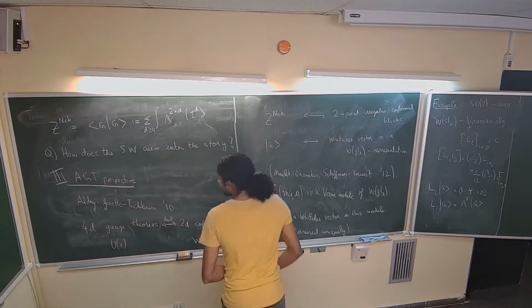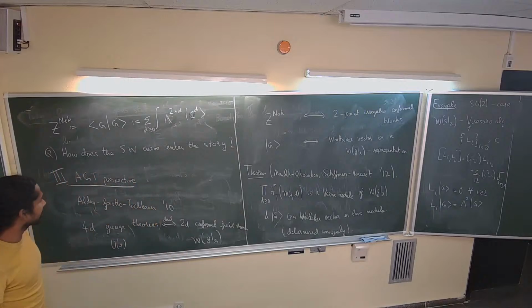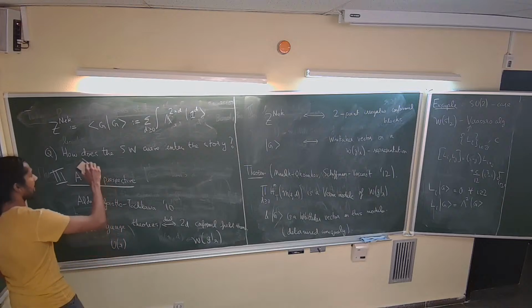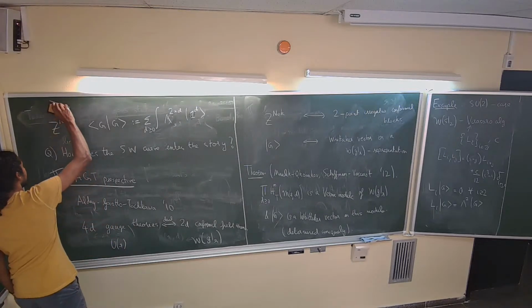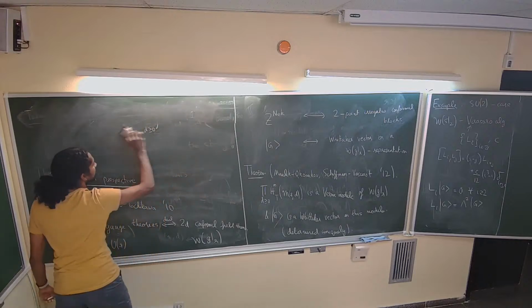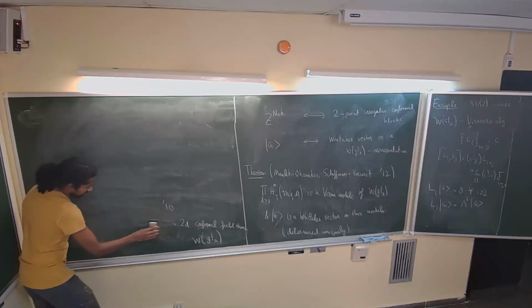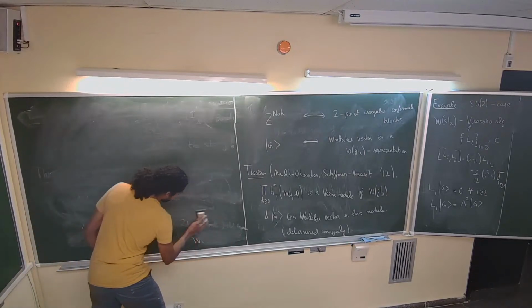Okay, so finally, let me tell you. This was the question: how does a Seiberg-Witten curve appear in the story? And that's what I wanted to explain all this for. This is maybe a slight cartoon picture, but again, it's using this AGT story.